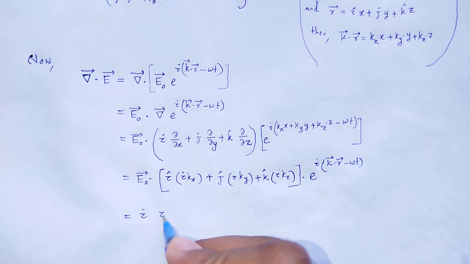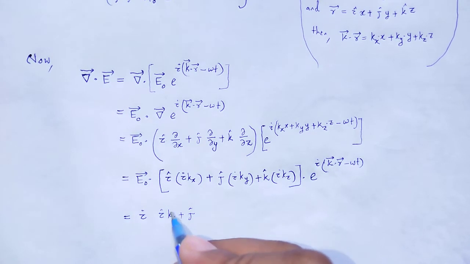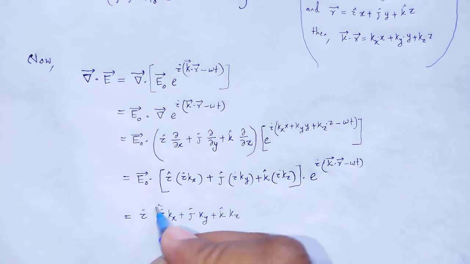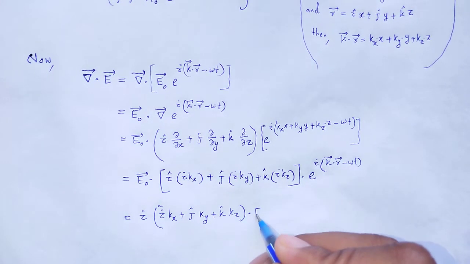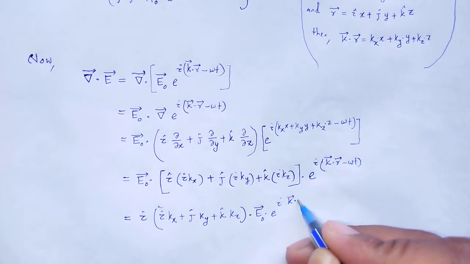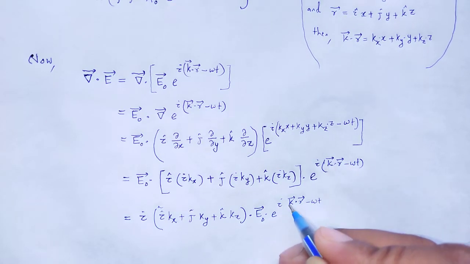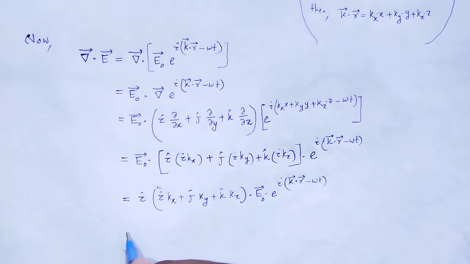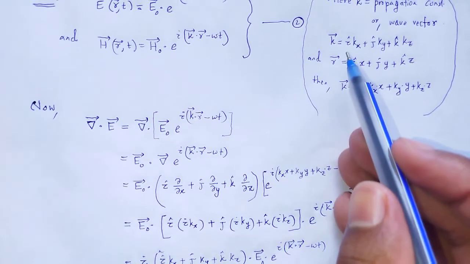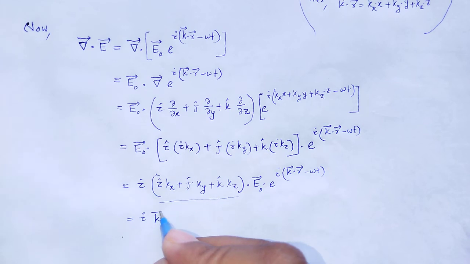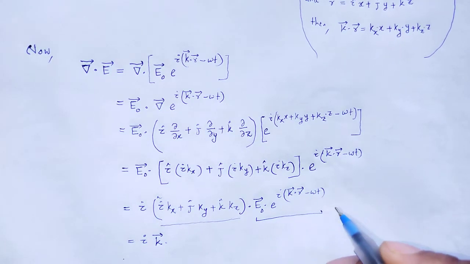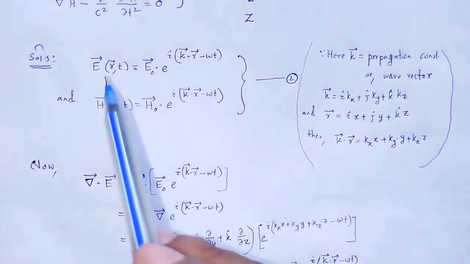The terms are written as i cap kx, j cap ky plus k cap kz, into e naught e to the power i (k dot r minus omega t), is equal to i, that one is k vector into this term, which we say is E vector.